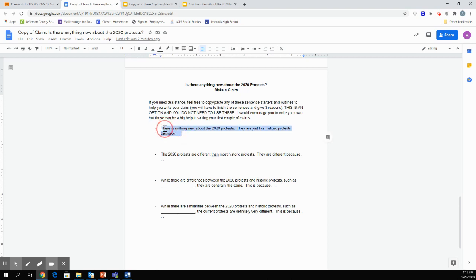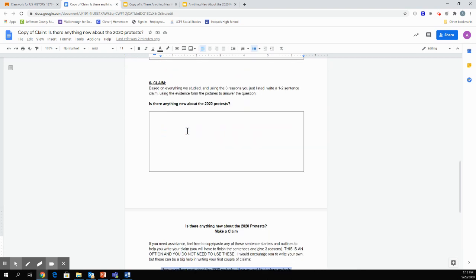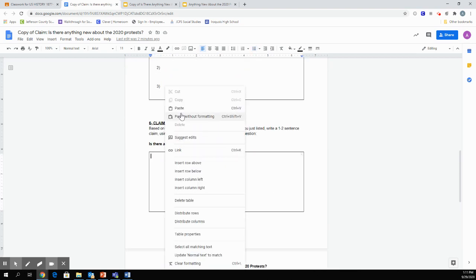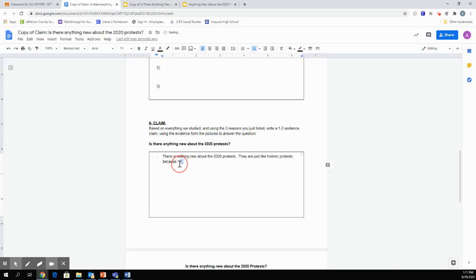Here's a sentence starter. Copy it, paste it up here. There's nothing new about the 2020 protests. They are just like historic protests because, and give me the 3 reasons, but just explain those reasons. 2 and 3.